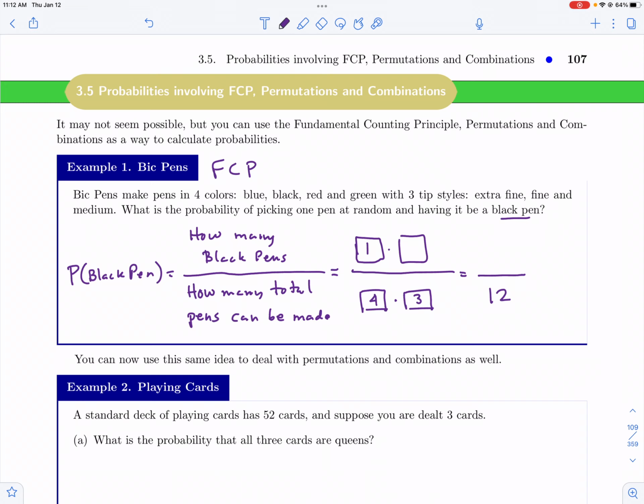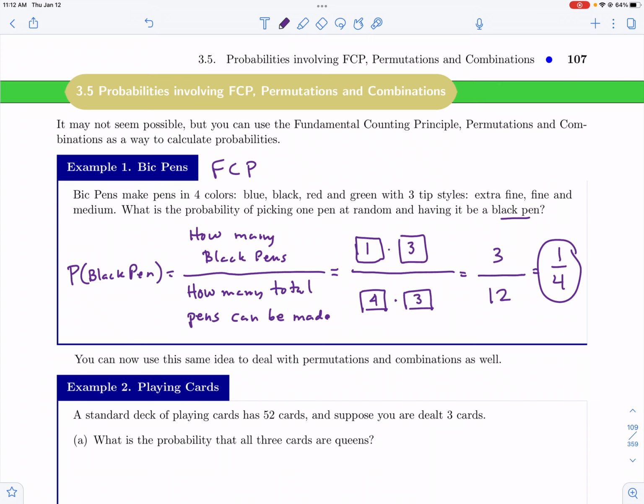Now we still can have any kind of tip style we want: extra fine, fine, and medium. So that can still be okay. That's just going to be 3. And so when we multiply, 1 times 3 is 3. 3 over 12 would simplify down to 1/4. You don't necessarily have to simplify it, but 3 out of 12 or 1/4, there's a 1/4 probability of getting a black pen for this one.